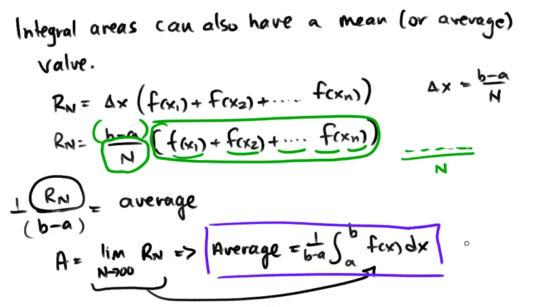There's a great example in the online book in section 6.2.4. It's example 8. It's about a monkey jumping. Basically you're finding, well, if it's got an initial velocity and the velocity changes at this rate, what is the average velocity of this jumping monkey? It's actually a pretty cool little example.